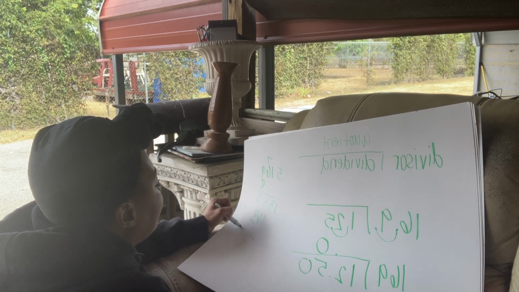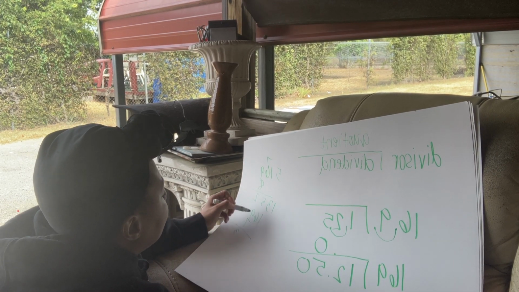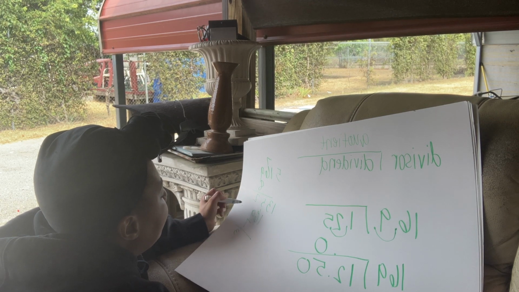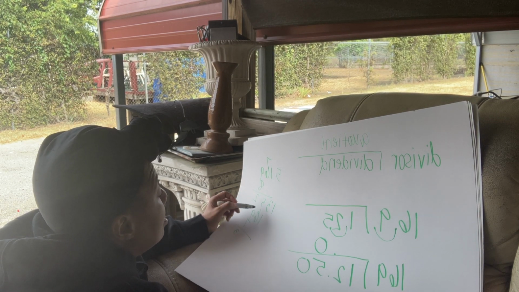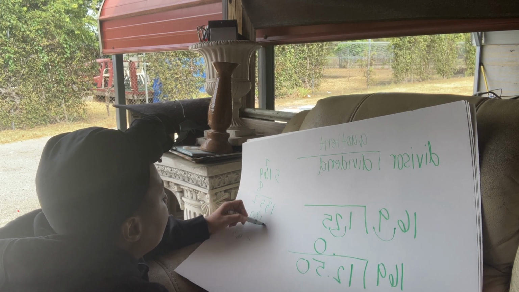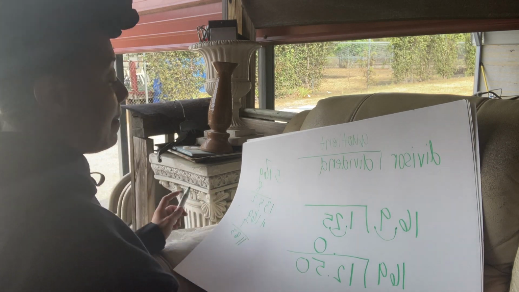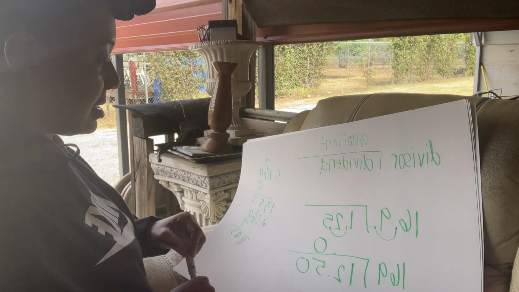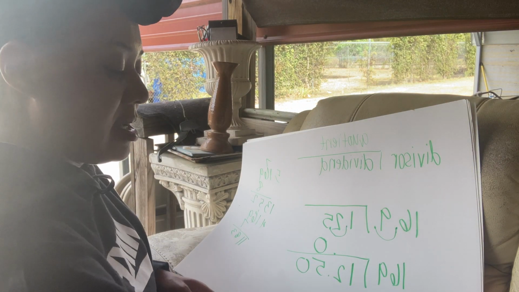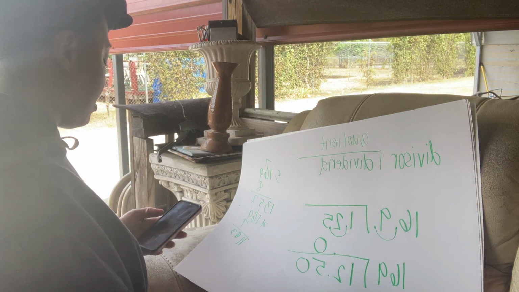Let's try 169 and 7. 9 times 7 is 63. 6 times 7 is 42. Now, I really need my calculator because I don't want to give the camera the wrong answer.